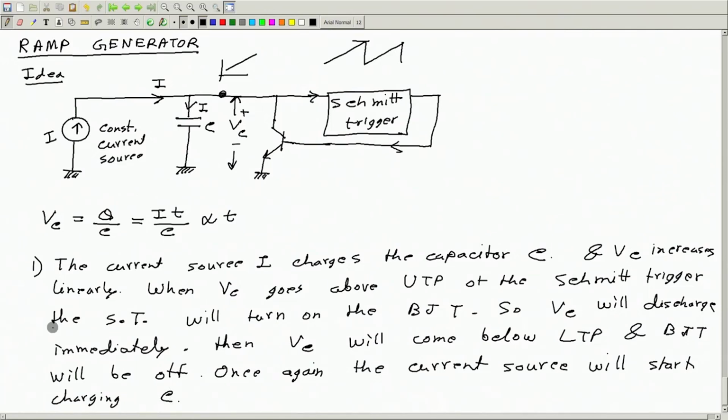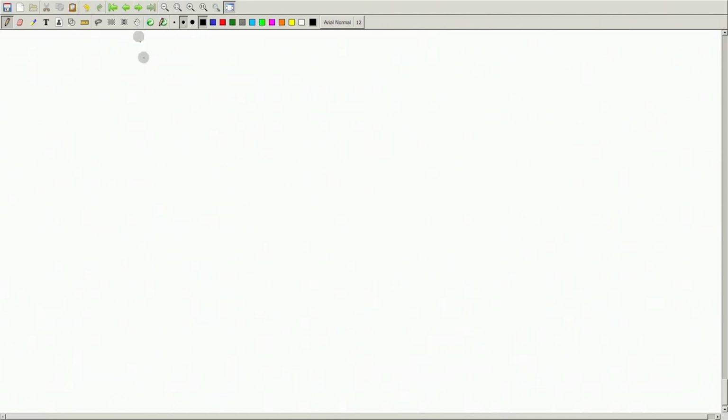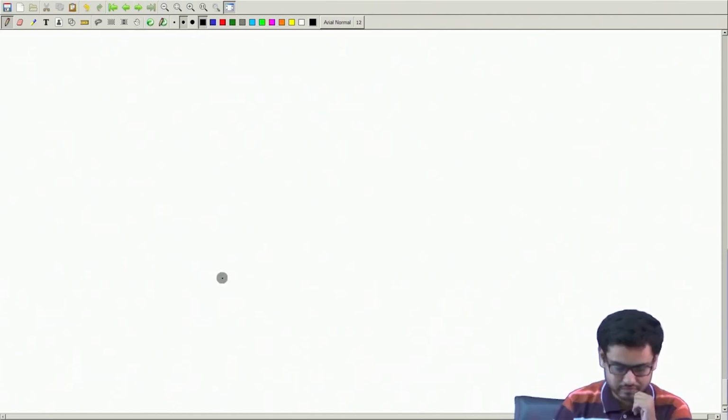So now, if you want to draw a better scheme, with better detail, then we have to give some circuit for this current source, some circuit for this Schmitt trigger, etc. So let's try that.